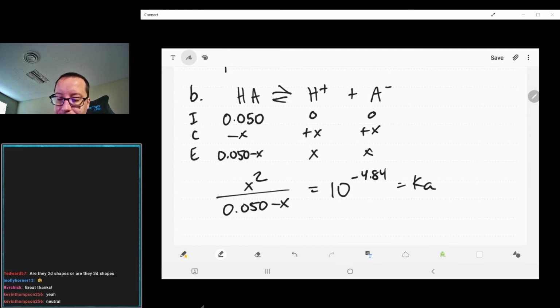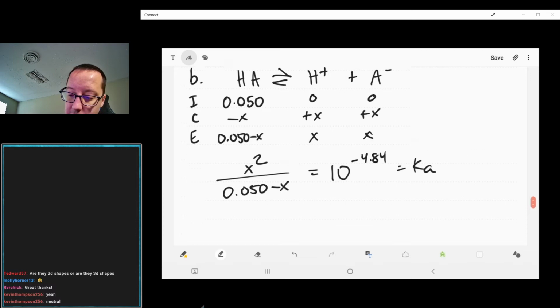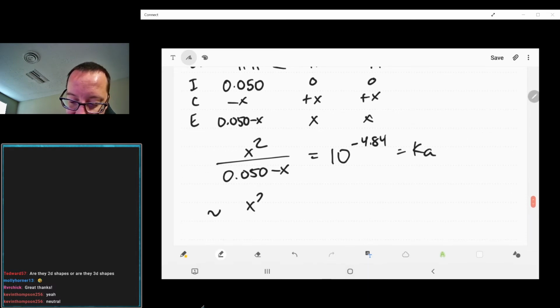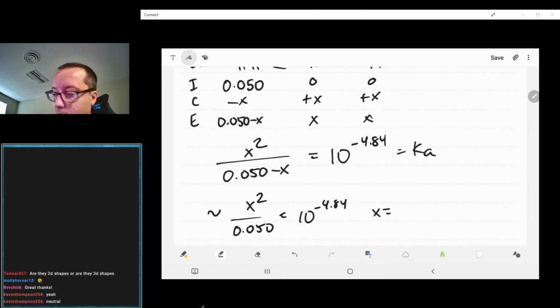So we can go ahead and try our shortcut here. Let's approximate: x squared over 0.05 equals 10 to the negative 4.84. Let's see what we get. 10 to the negative 4.84 times 0.05, oh, I forgot to square root it.